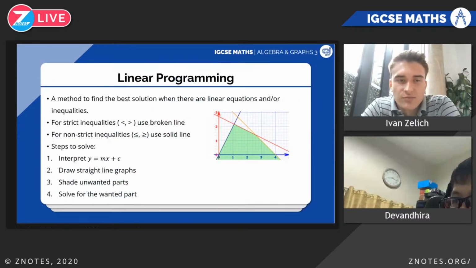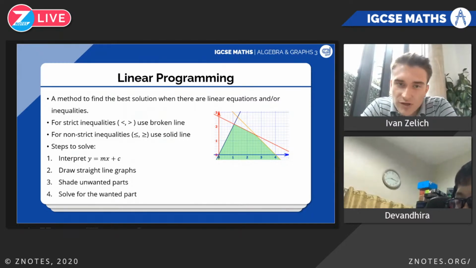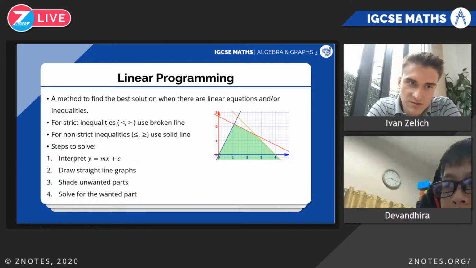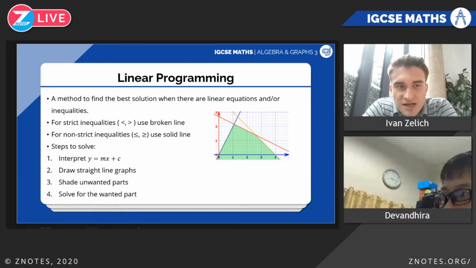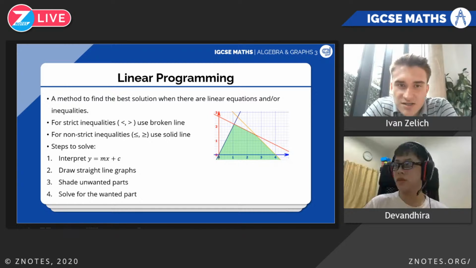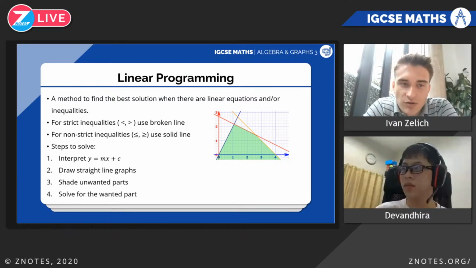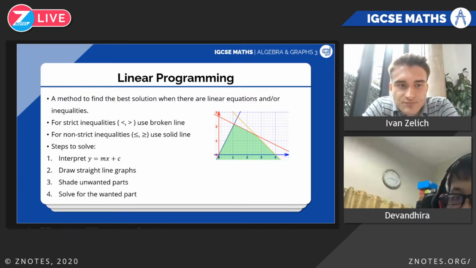Okay, so linear programming. Linear programming is a very nice geometric way of looking at problems where you want to maximize or minimize something. As said here, it is a method to find the best solution when there are linear equations or inequalities. We'll see that in a problem when it comes up.